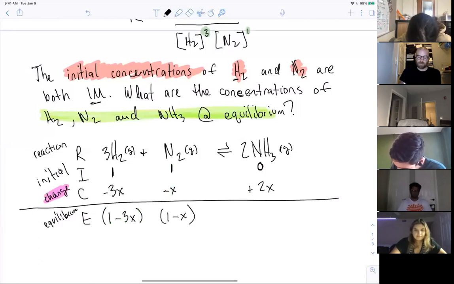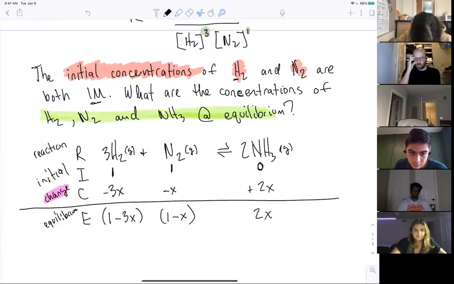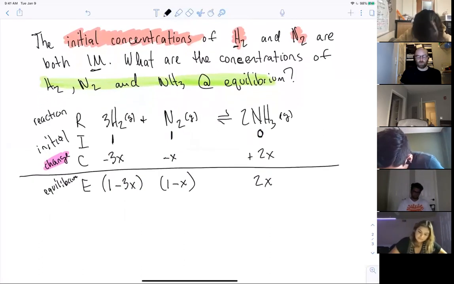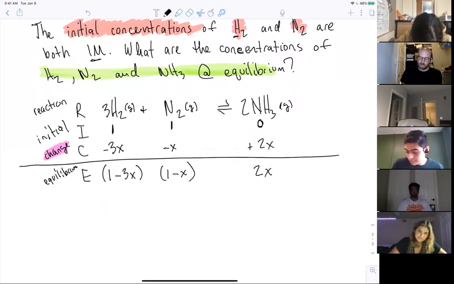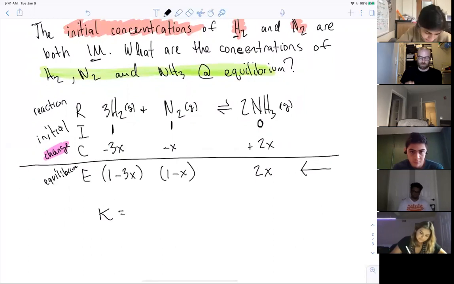And then finally, here for ammonia, we didn't start out with any. And we know that we're just going to gain 2x of that. So we start out with none, and we're going to actually pick up some ammonia at equilibrium. And so the value of this method is it gives you this really nice algebraic form for everything, and we can take that and combine it with k to solve the problem.